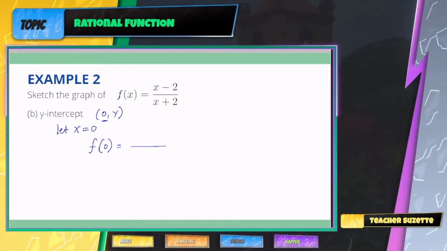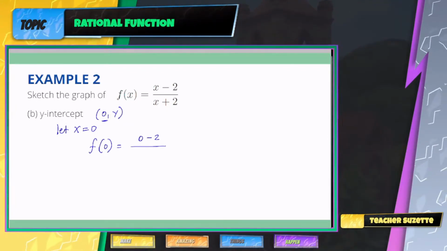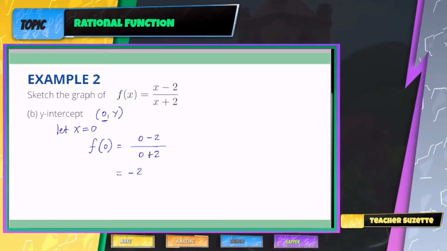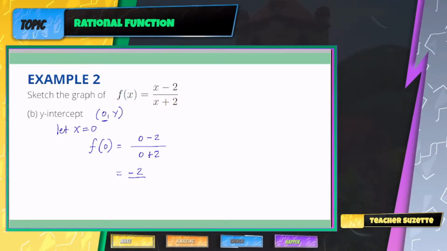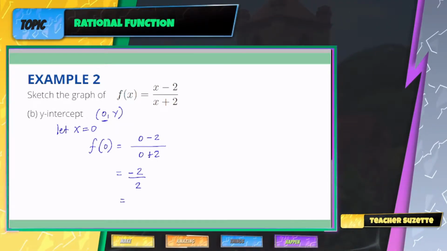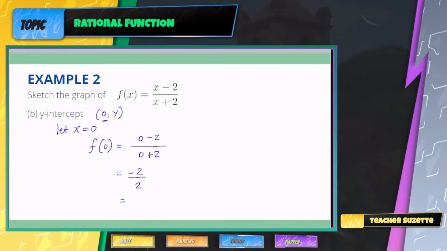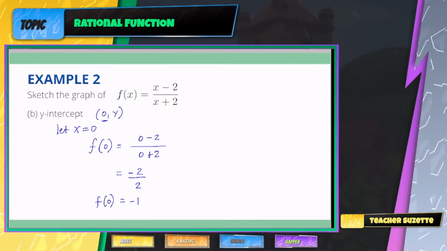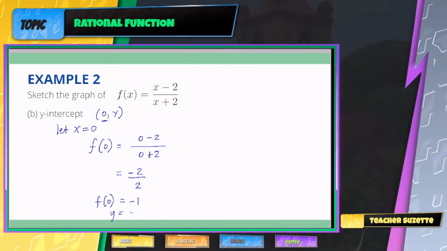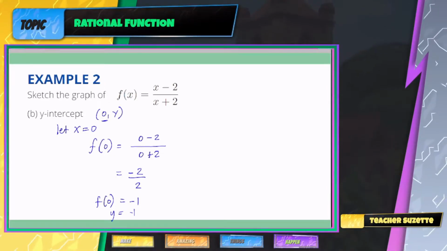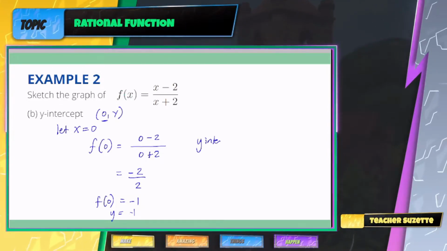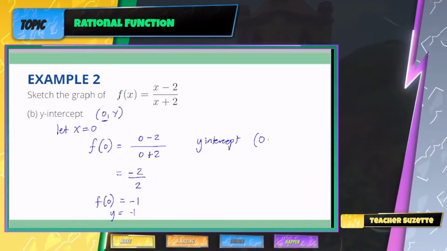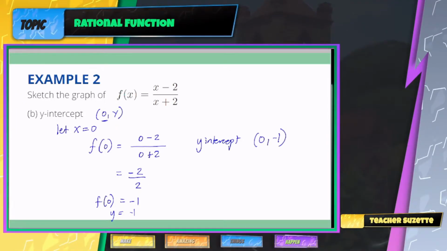You will have f of 0 is equal to 0 minus 2 over 0 plus 2. 0 minus 2 is negative 2, while 0 plus 2 is 2. Negative 2 over 2 is equal to negative 1. So f of 0 is equal to negative 1, or y is equal to negative 1. Therefore, your y-intercept is (0, negative 1).